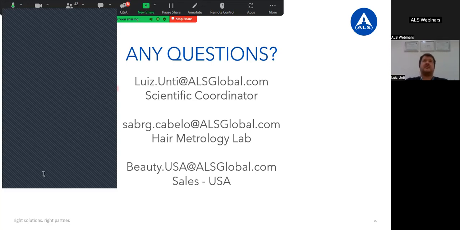So it is quite tough to give you a direct answer because it depends on the method and on which claim you want to sustain. If you want to talk about shine, probably straight hair. If you want to talk about breakage or frizz, we are going to use mostly wavy hair.